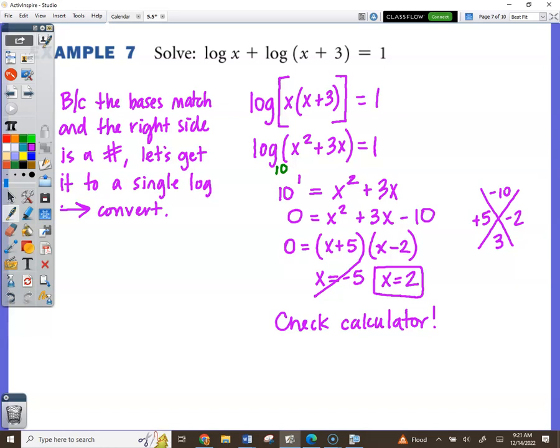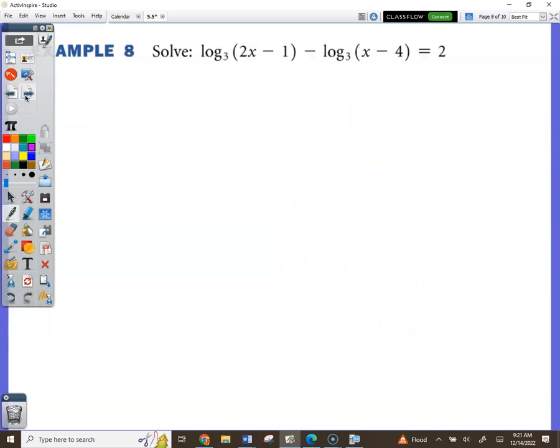Go to the next one. The exact same approach. The difference is, instead of being able to condense it to multiplication, it would condense to division. So I want you to condense it and then convert it, and let's see if we get the same thing. Condense it, convert it.